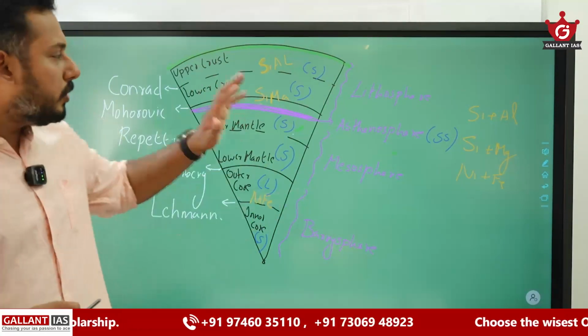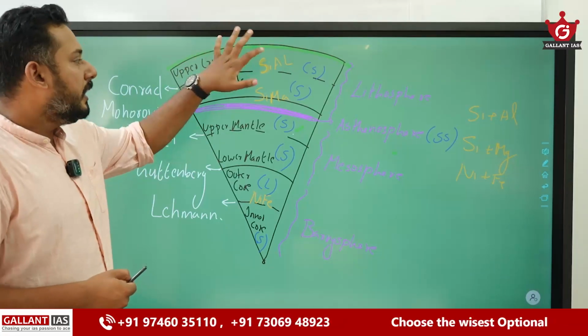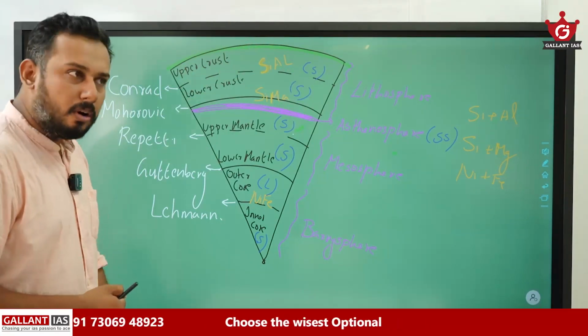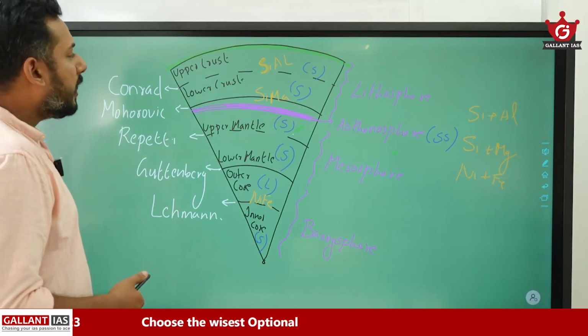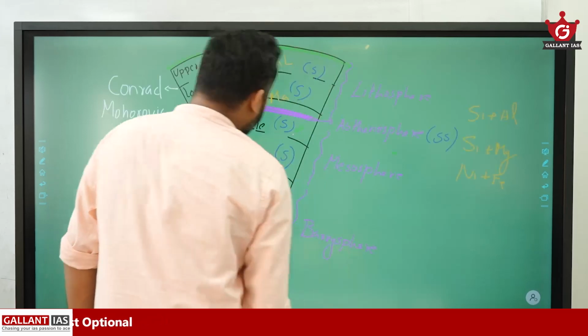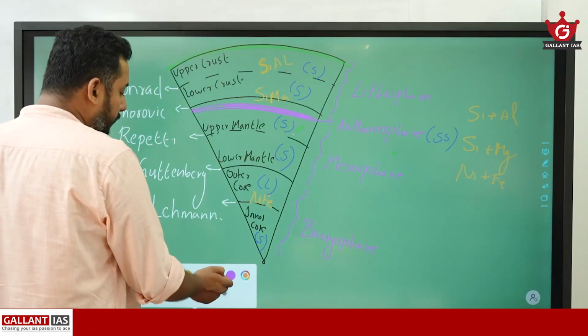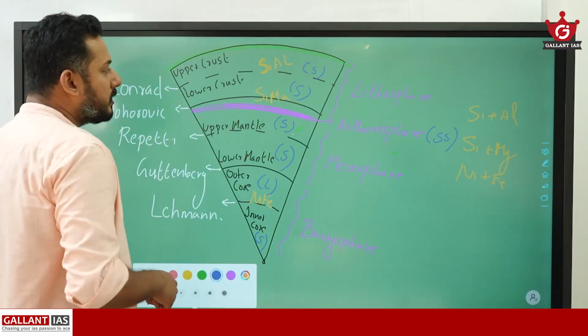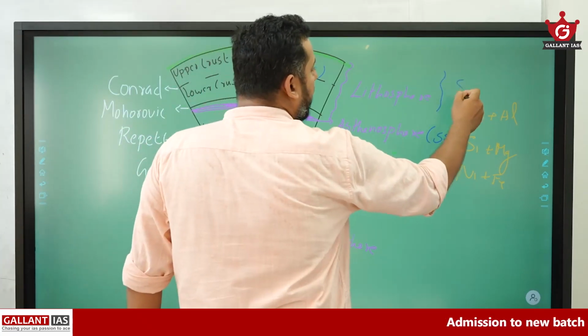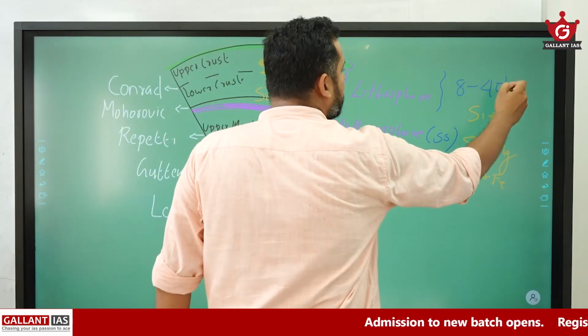Along with that, we also need to take note of the depth or dimension of the crust, mantle, and core regions. If you look at the crust region, the average depth of the crust from the surface is somewhere around 8 to 40 kilometers.